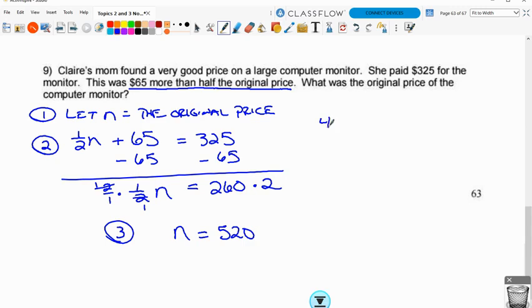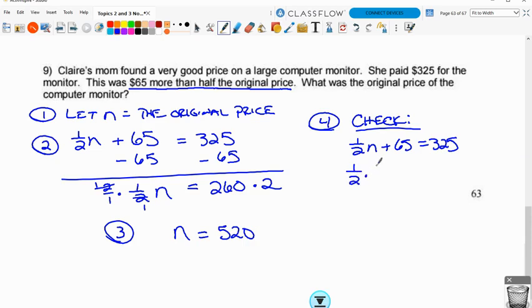Let's make sure that we've done this correctly. Number 4, the check. Okay, the original equation said 1/2 n plus 65 is equal to 325. And we think n is 520. So I'm going to do 1/2 times 520, and I'll put it over 1, plus 65 equals 325.